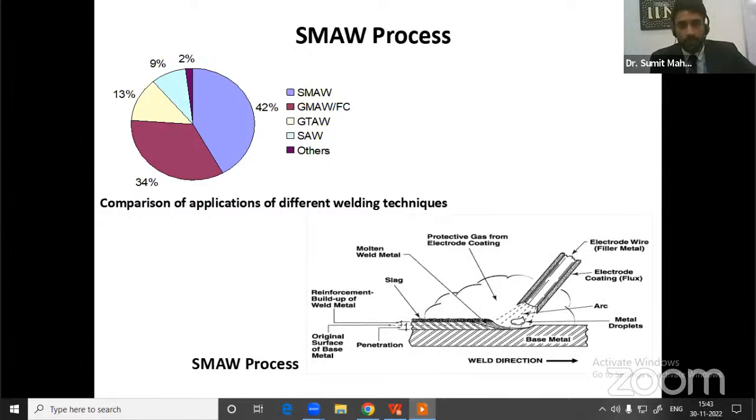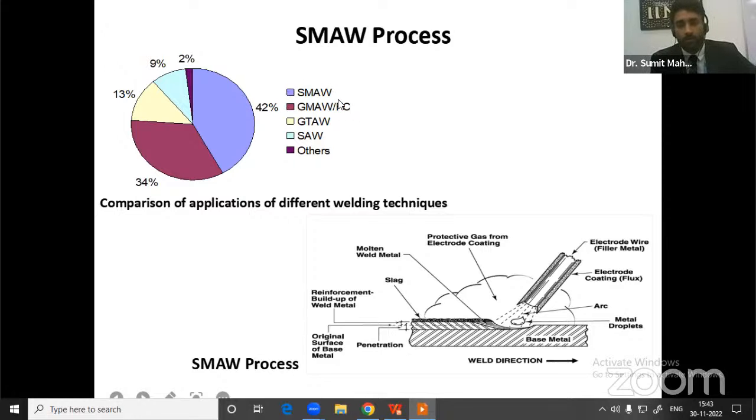If we are talking about the different welding processes, as you can see, this is a pie chart of all the applications performed to weld various components. 42% of the welding work is performed by the SMAW process.